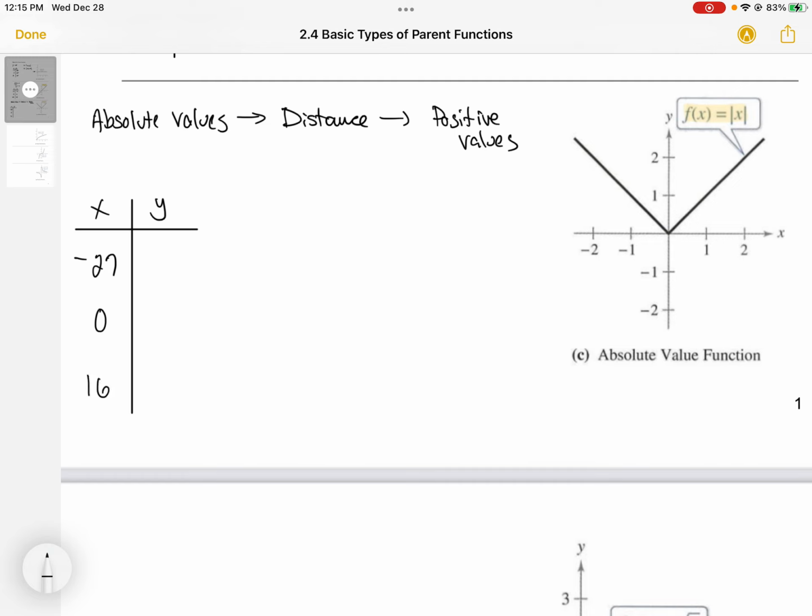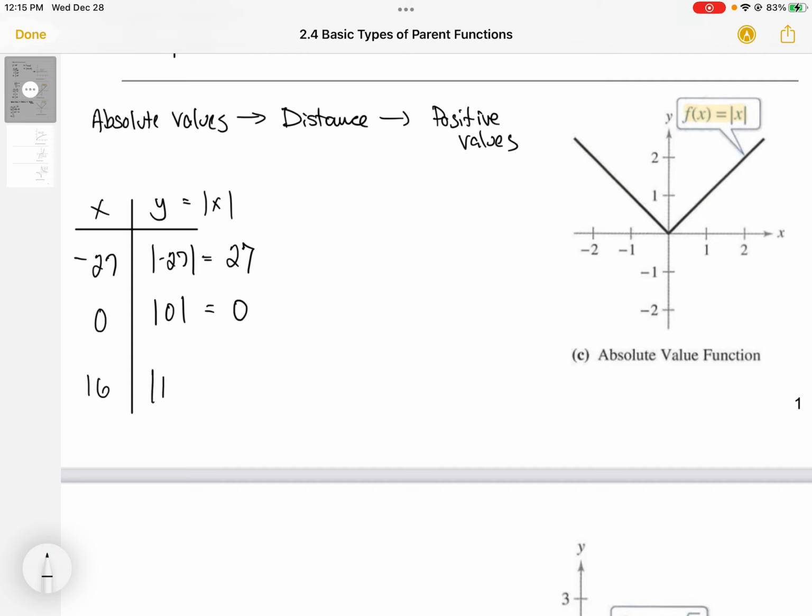So now the y values are equal to the absolute value of x. So if x is -27, the y value is the absolute value of -27, which is simply +27. If the x value is 0, the absolute value of 0 is 0.